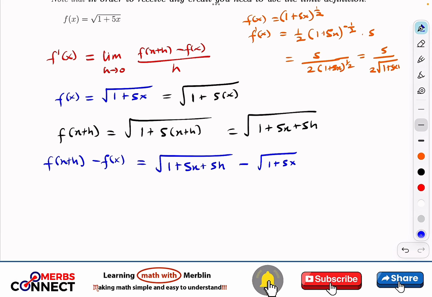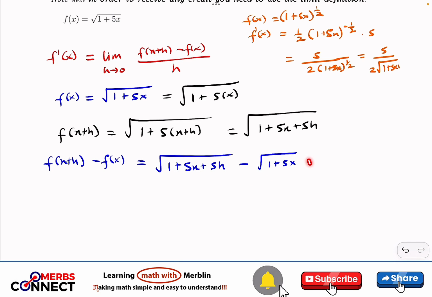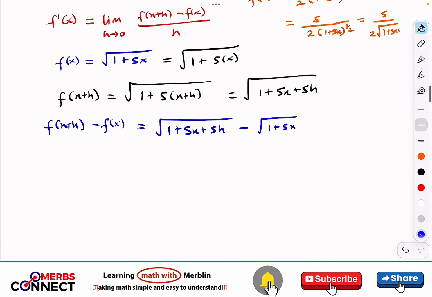Now, I can find a conjugate here, but because this one is in terms of square root, I can decide to place this one here and then find a conjugate, or I can just do the conjugate here. Any of them is right. Any of them is okay. So let me use this one direct because of the root.